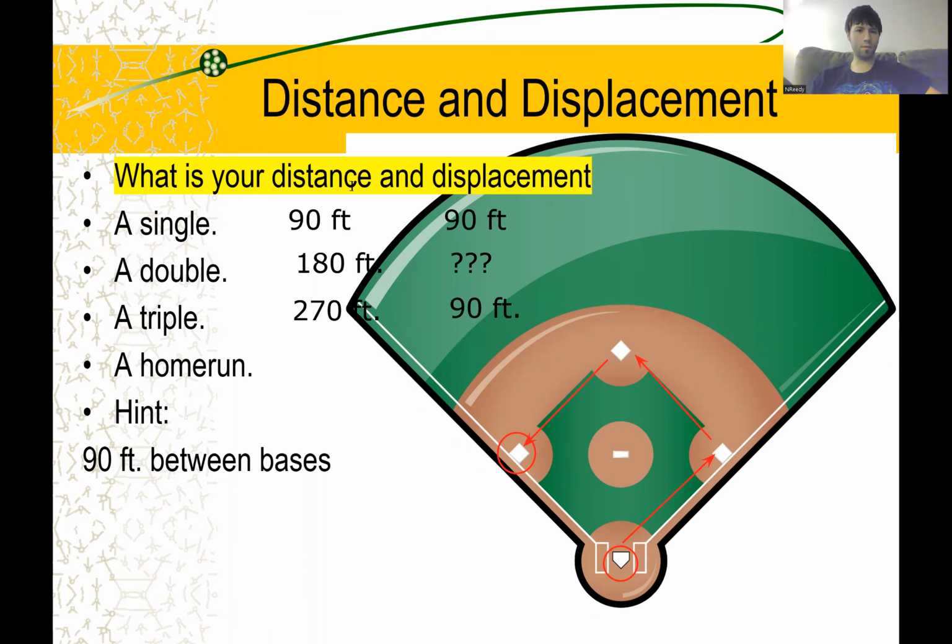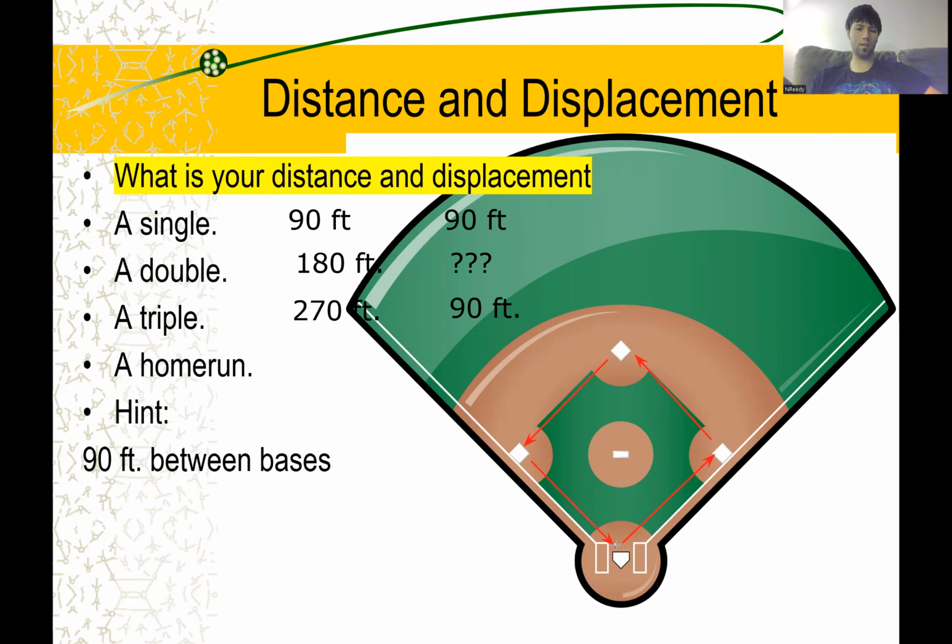Okay. So let's do a home run. Get rid of my circles here. A home run is where you cover all the bases. So you go from first to second, second to third, and then third to home, back to home base.